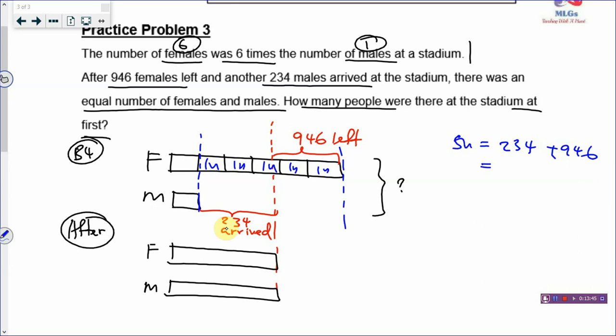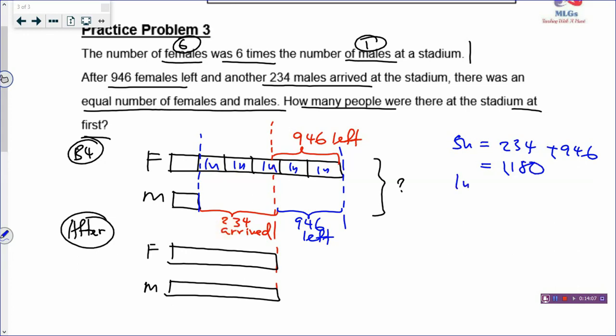Can you see that? So you can see that your 5 units is 234 plus 946. And you will get, okay, what do you get? 234 plus 946, you get 1180.